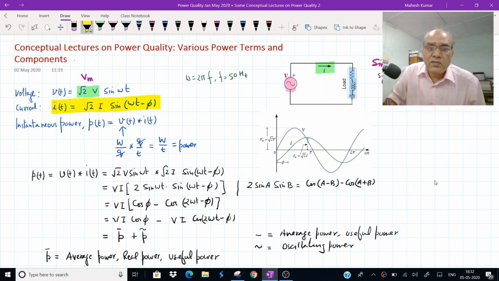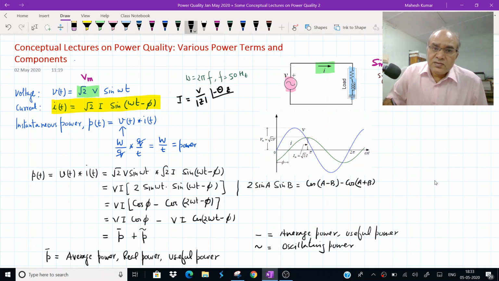For example, in this particular case, we can find I as V by Z simply. Since V is the reference phasor, I can take the angle as minus theta Z, the phase angle. So phi is being taken as theta in this particular case.